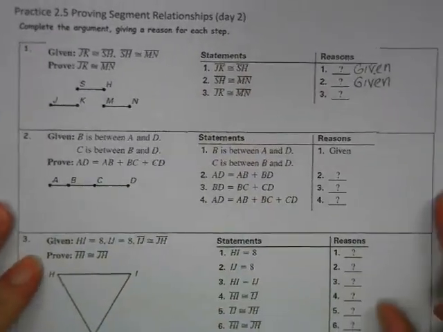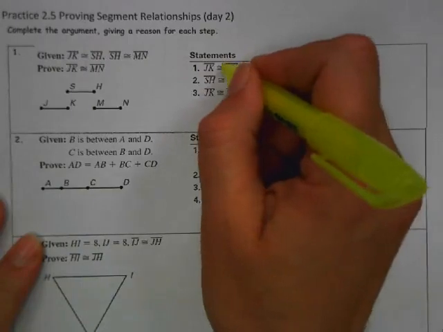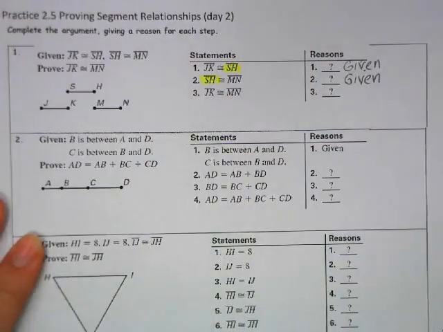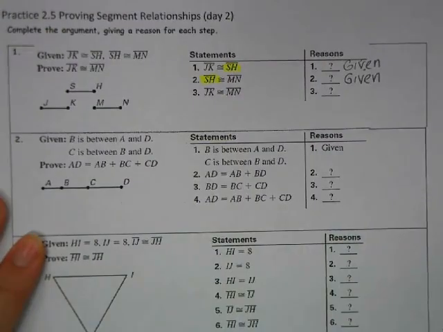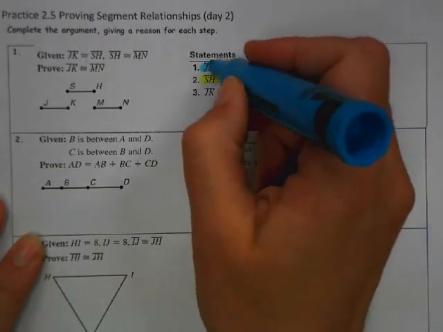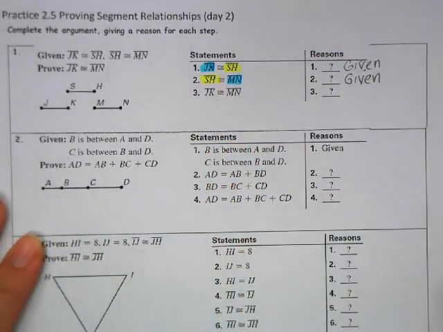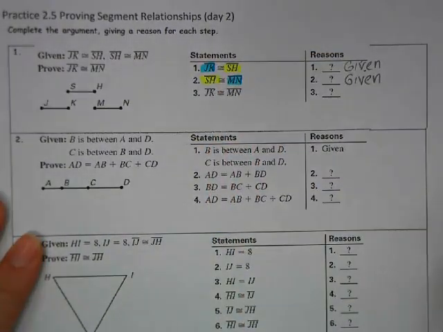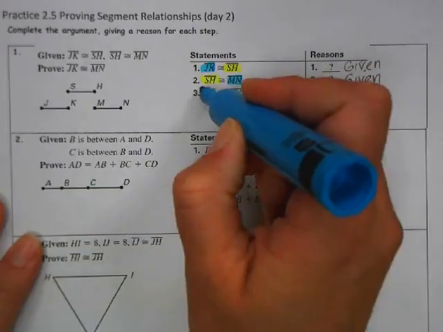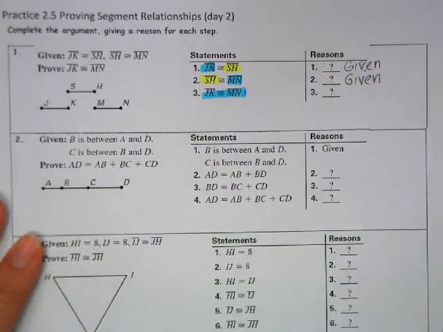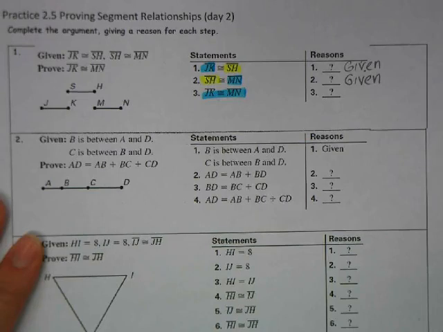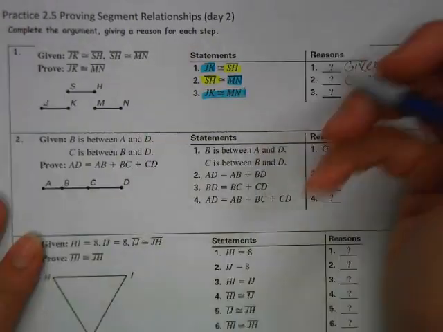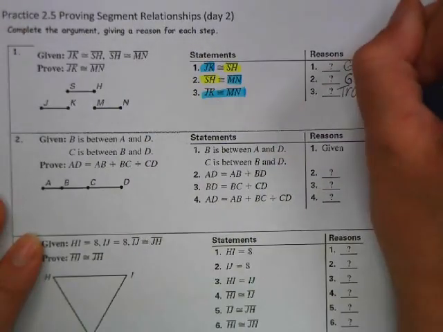notice that segment SH is congruent to both segment JK and segment MN. So therefore, we can conclude that segment JK is congruent to segment MN because of the transitive property.